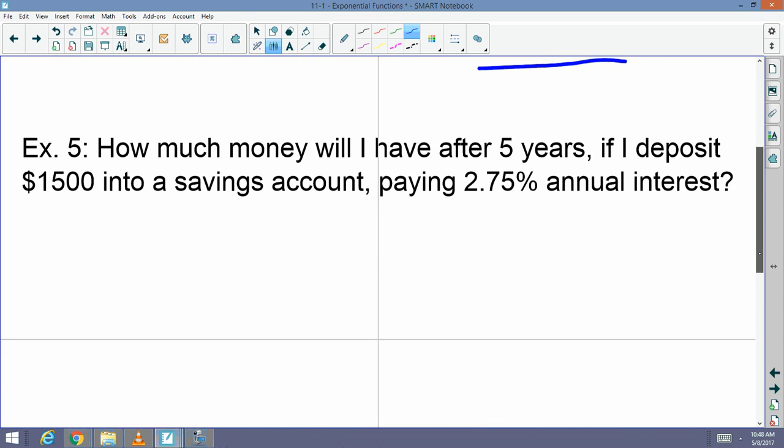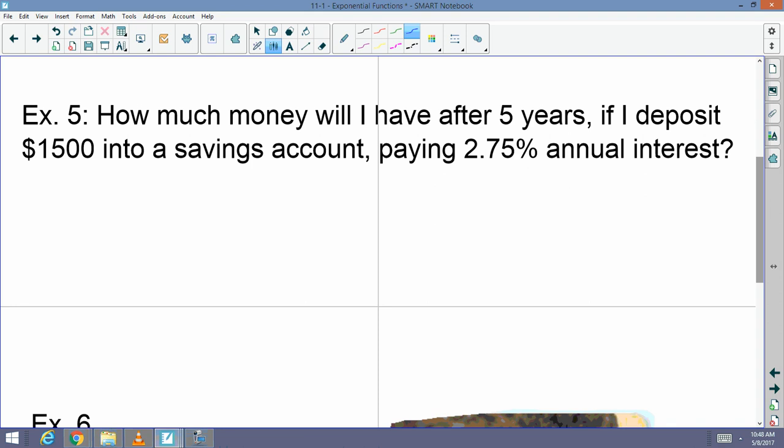How about this bad boy? How much money will I have after 5 years if I deposit $1,500 into a savings account, paying 2.75% annual interest? Okay, what's happening here? Okay, so y equals 1,500, parentheses. Ooh, nice. Not 3.75 though, be careful.